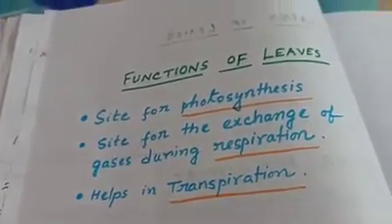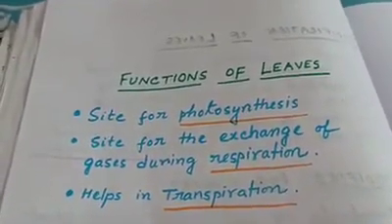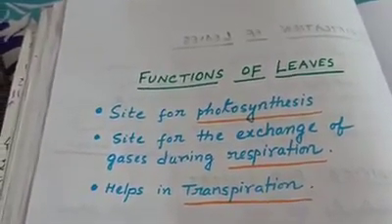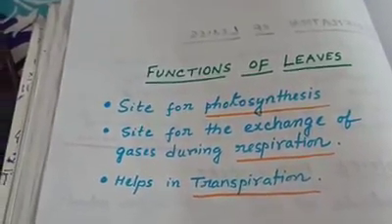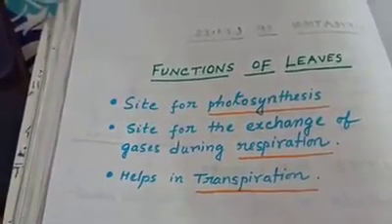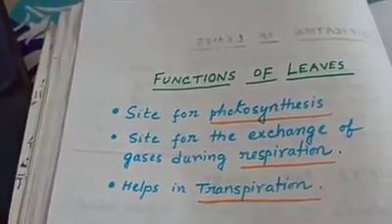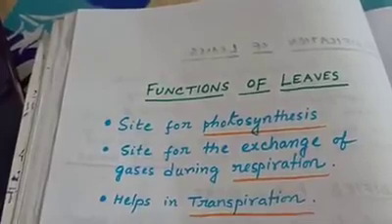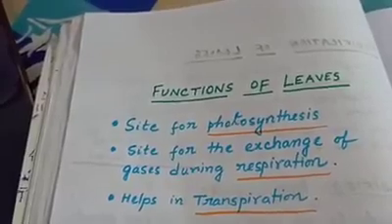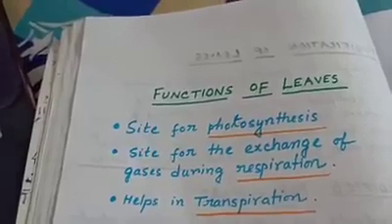The second point is that it is a site for the exchange of gases during respiration. The leaf blade contains stomata by which gaseous exchange is done, and during respiration they emit carbon dioxide and absorb oxygen, and during photosynthesis they emit oxygen and absorb carbon dioxide.